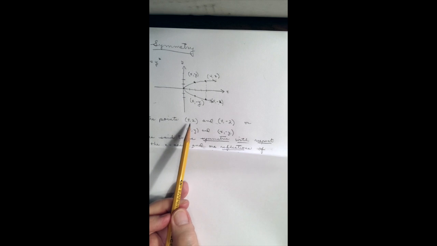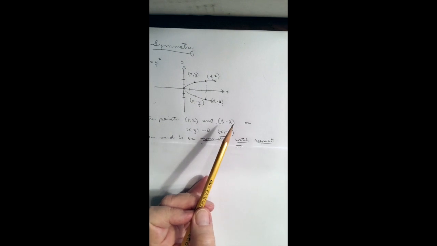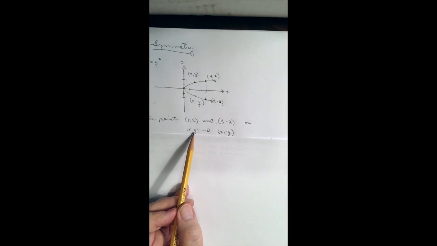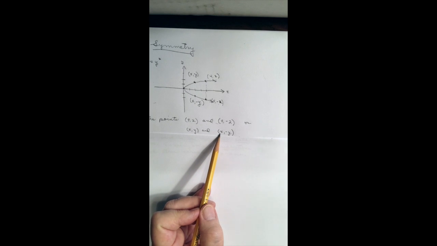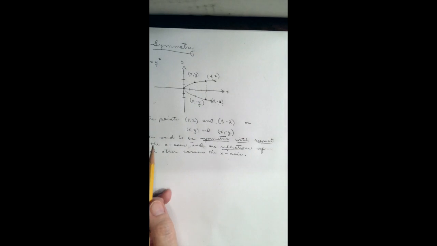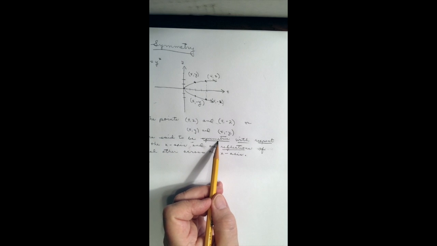And so for any point (x, y), the point (x, -y) would be a reflection across the x-axis. These points are said to be symmetric with respect to the x-axis and are reflections of each other across the x-axis.